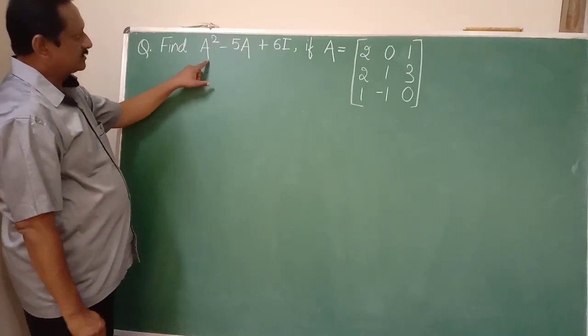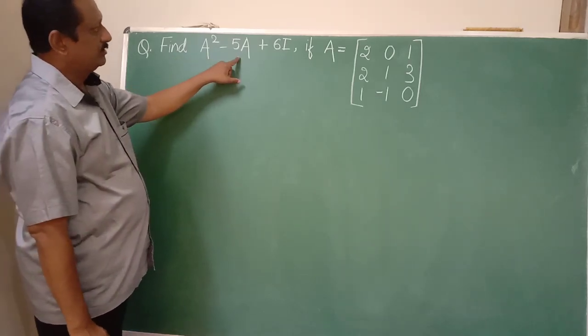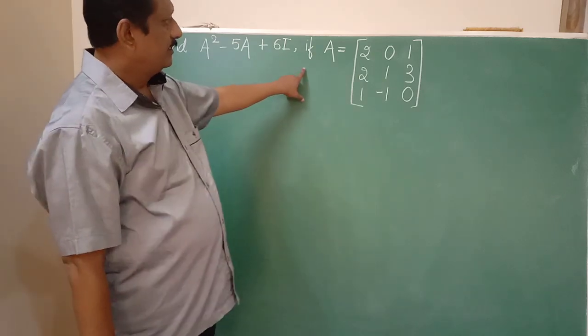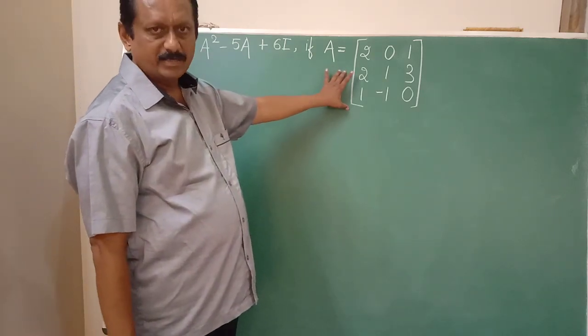So find A square minus 5A plus 6I. If matrix A is this one, a 3 by 3 matrix is there.